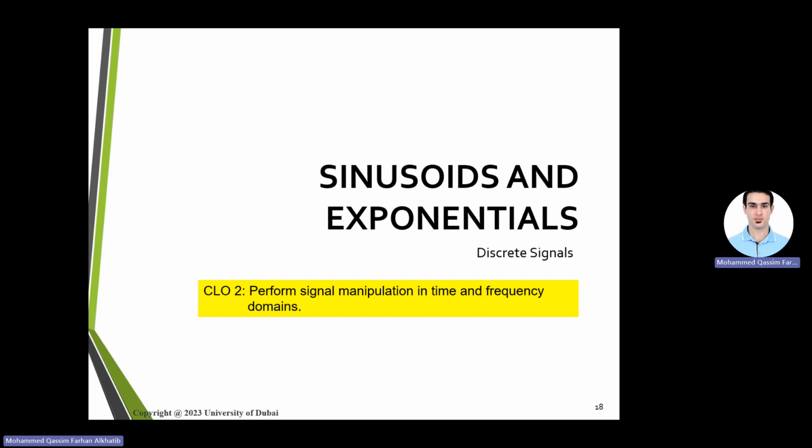Let's talk about some common signals, sinusoidals and exponentials. I think the focus will be on sinusoidals. I will not spend time on exponentials, but for e^(alpha n), we already know how it looks. If this alpha is positive, then I will have exponential growth. If this is negative, we have an exponential decay.